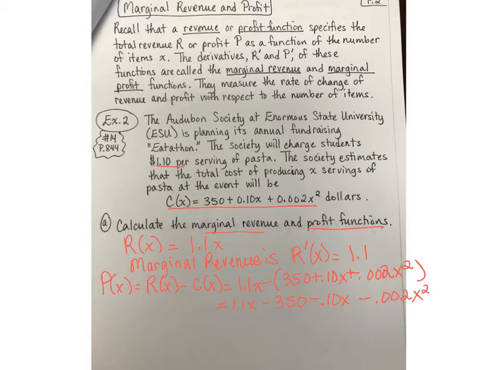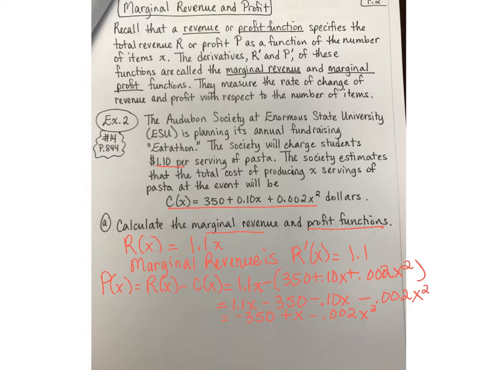So whenever you simplify, you get negative 350 plus x minus 0.002 x squared, and then we just combine like terms there. So now this is your profit function.